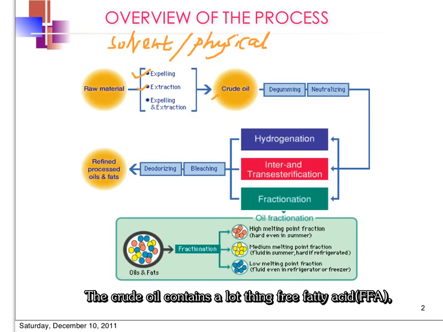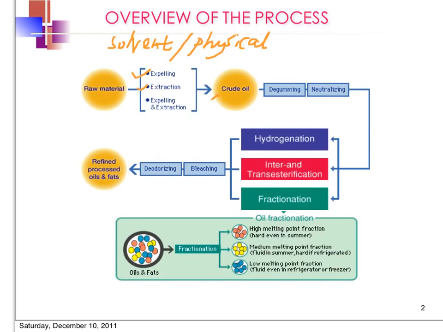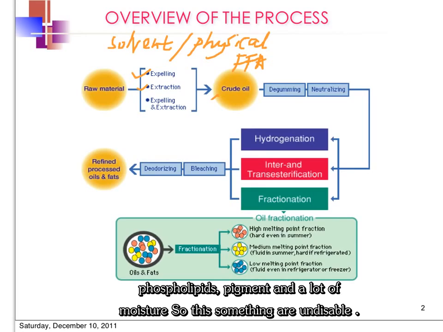The crude oil usually contains a lot of undesirable components such as free fatty acid, FFA, or it can contain phospholipids, pigments, and a lot of moisture. So this is something that is undesirable.